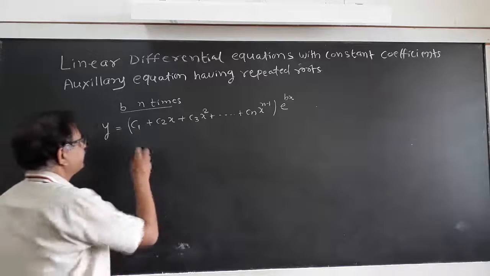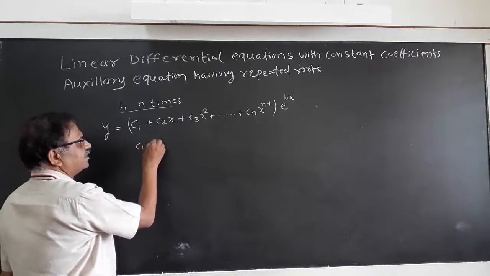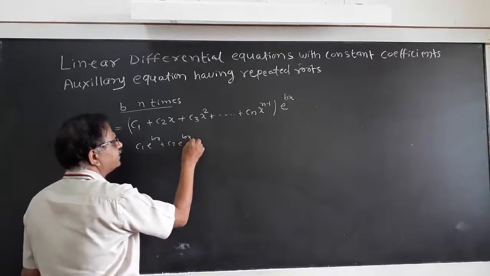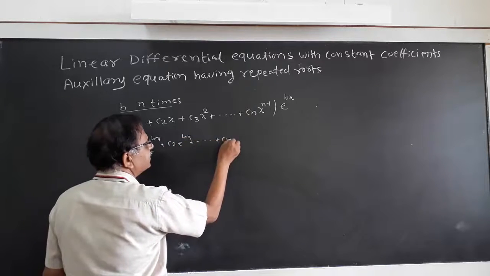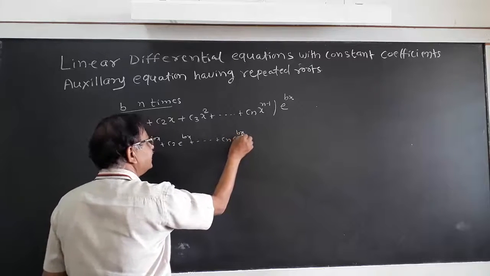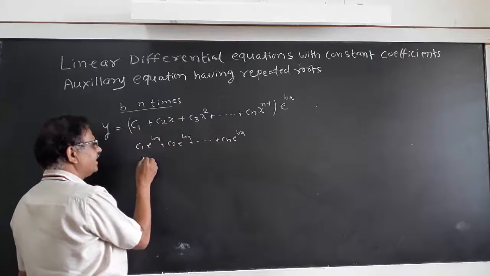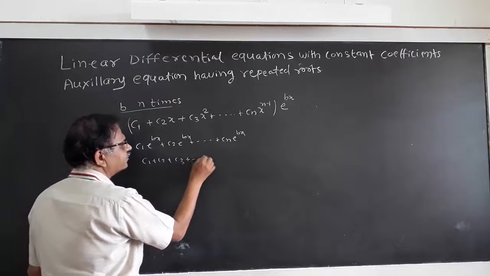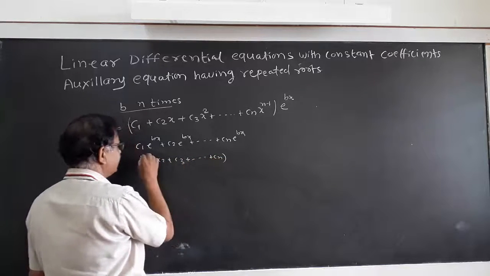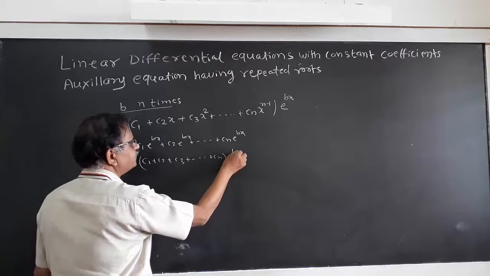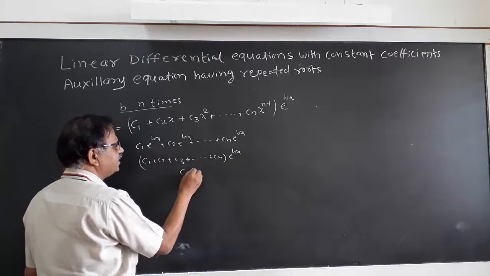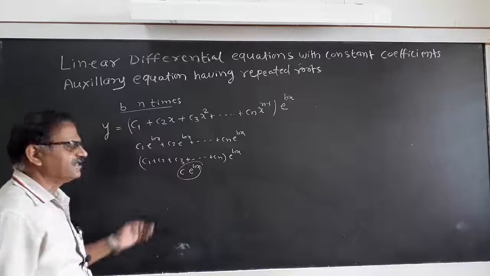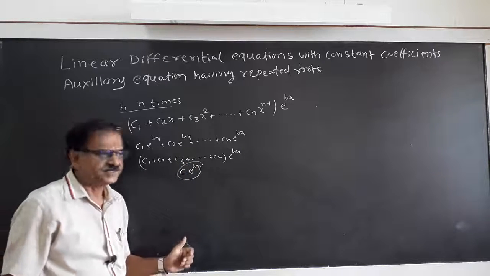We can't write c1 e raised to bx plus c2 e raised to bx plus cn e raised to bx. If we write in this way, then this can be written as c1 plus c2 plus c3 plus cn times e raised to bx, and that is nothing but c into e raised to bx, and this will not be the general solution because it doesn't contain n arbitrary constants.